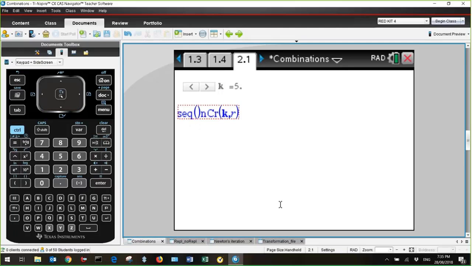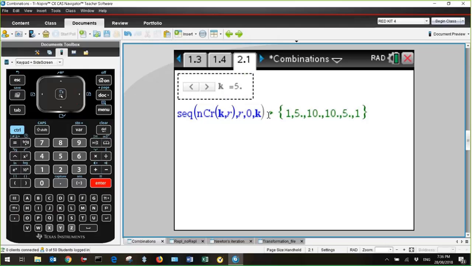So that's the expression, comma, the variable is R, and I want to go from 0 through to whatever my value of K is. And I get, because K is 5, 5C0, 5C1, 5C2, and so on.